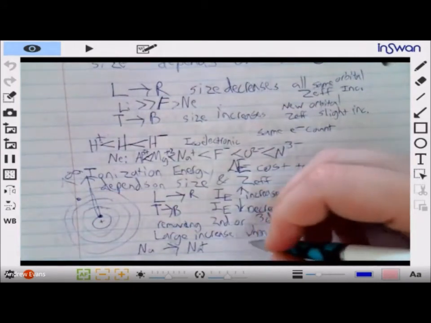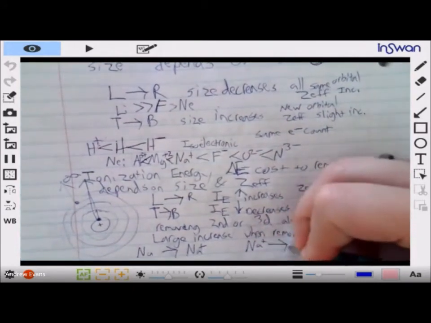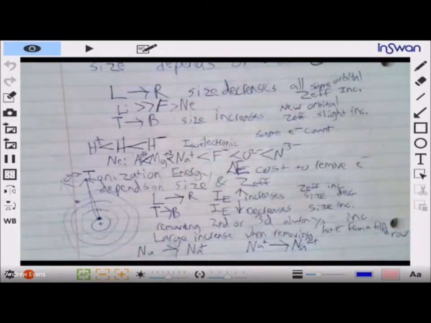But we're going to have trouble going from sodium plus 1 to sodium 2 plus because we'd have to start on the neon row. Sodium plus 1 has the same electron configuration as neon. So to remove a second electron would be to start on a newly emptied, fully filled row. So that's going to have some trouble.